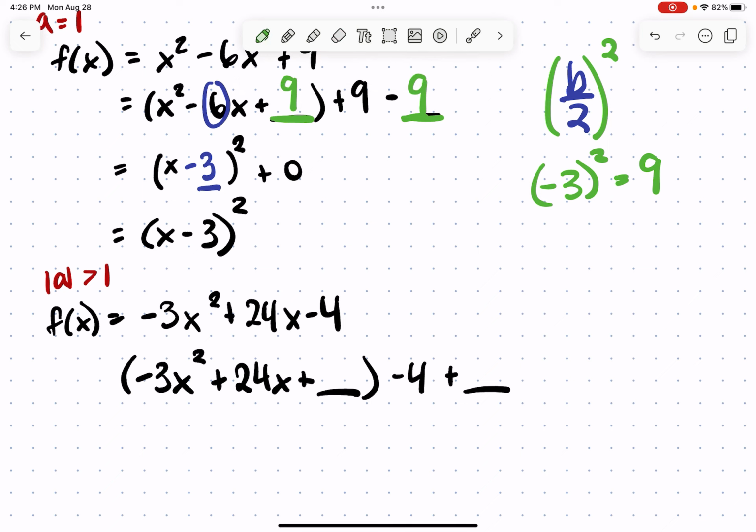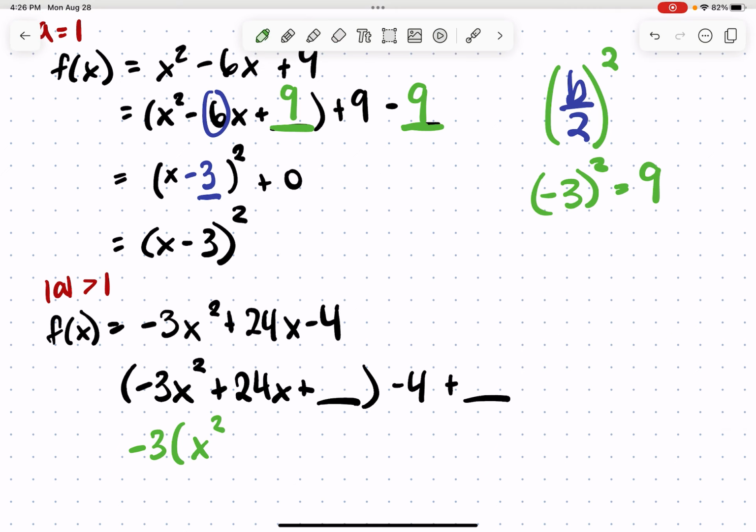So really what we're going to end up with is -3 times x squared. 24 divided by -3 is -8. Remember, check, -3 times -8 gives me +24, so that is the factor that I want. And then I have this blank. I still have my -4 and my plus blank.